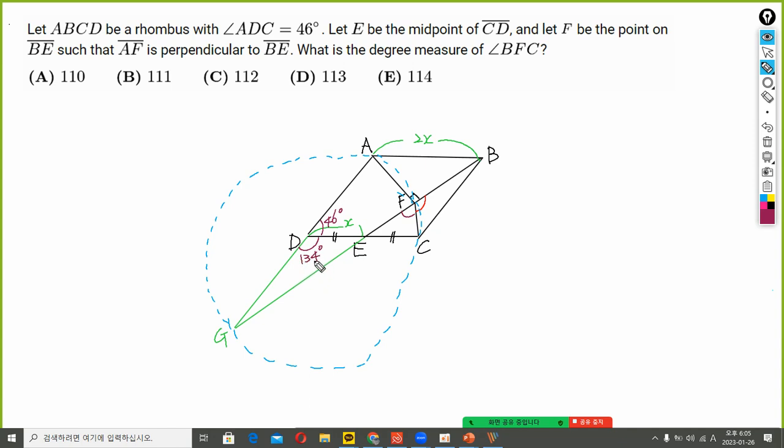Yep. So, what's the answer? The angle BFC is, you're right.